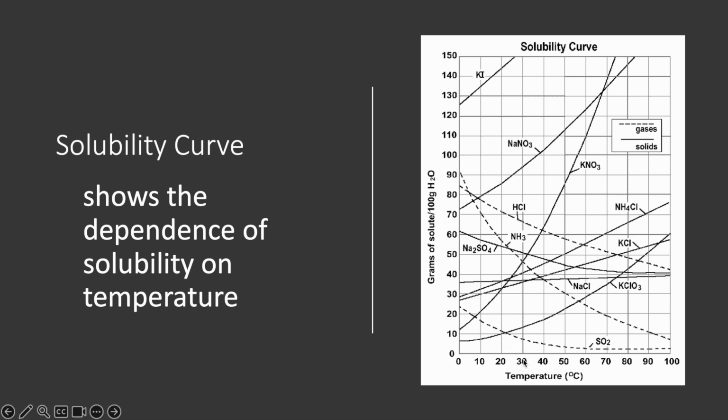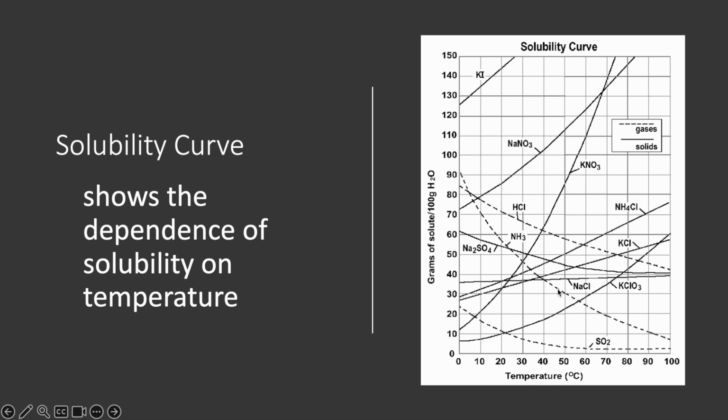So you go to 30 degrees Celsius, you go up, you find KCl, and then you work your way over and you find out that, I don't know, maybe about 36 grams of KCl will dissolve in 30 degrees. And 36 grams in 100 grams of water.